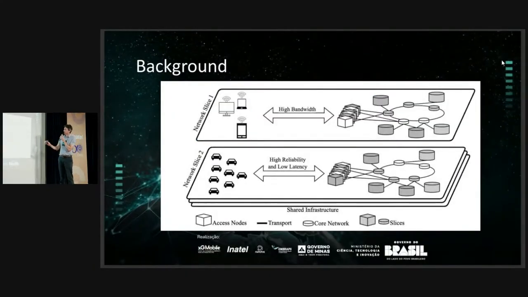And a little background about network slicing. We have more or less two options. The first one is a network slice considering only its own infrastructure, which is not shared with the other slices. Exclusive infrastructure for one slice is not common, but it's possible.